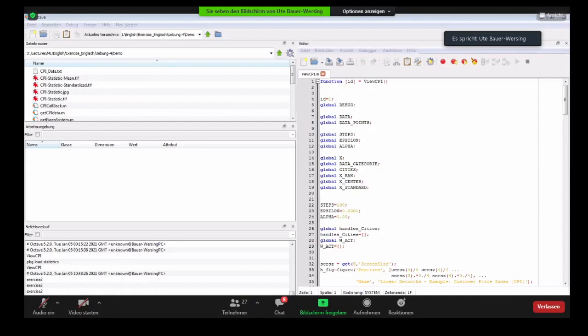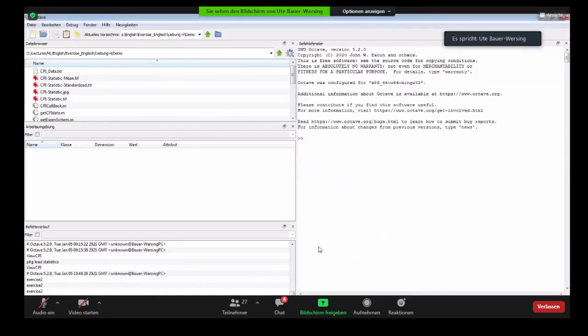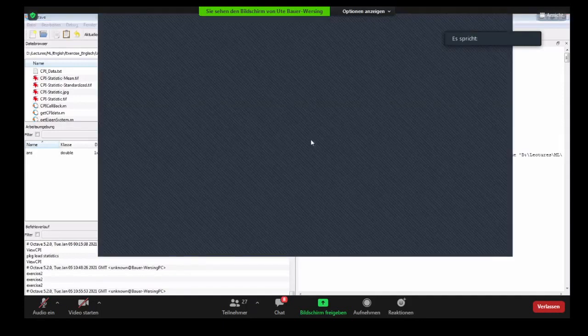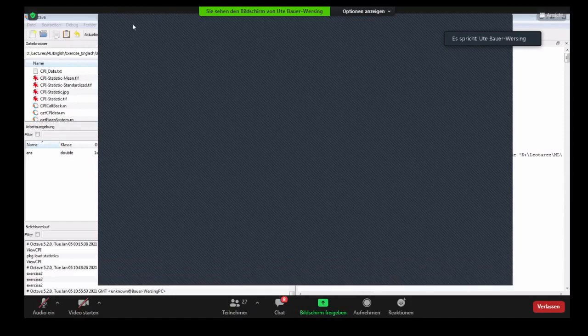Okay, this is again the Octave window, so we don't go into the code. We start. Question, do you see something?